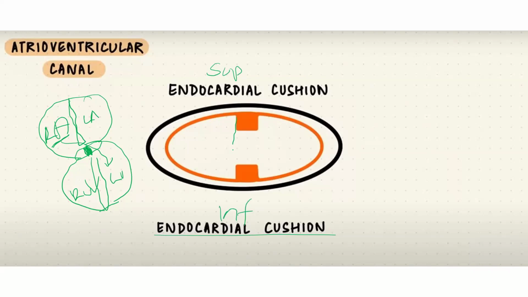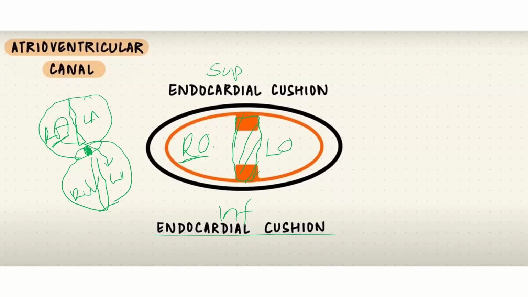Then these endocardial cushions fuse in the midline, and you have carried out atrioventricular septation. So you have the right atrioventricular orifice and the left atrioventricular orifice.